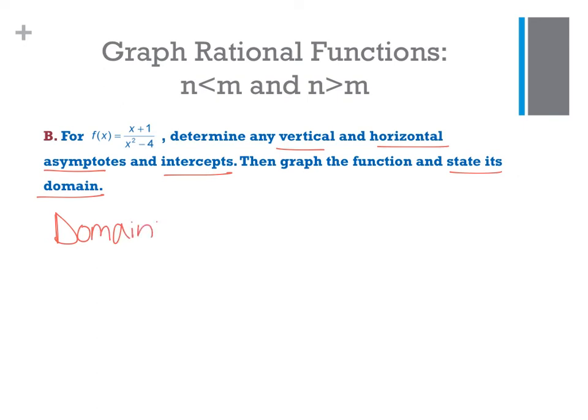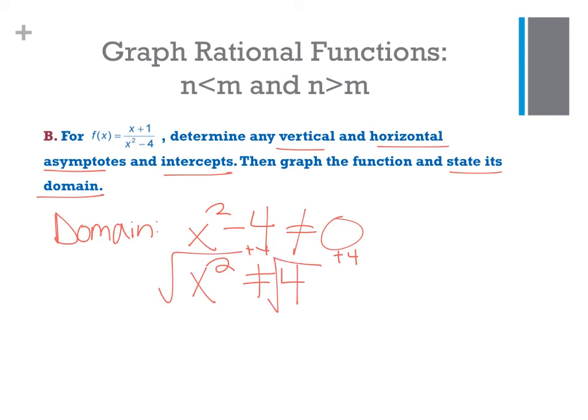My restrictions for my domain are where my denominator is equal to 0. So I'm going to state that the denominator cannot equal 0. That implies x squared cannot equal 4 if I add 4 to both sides of the equation. And when I square root both sides, I get x cannot equal plus or minus 2.